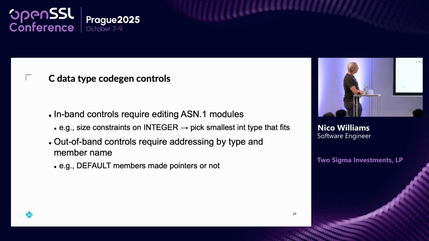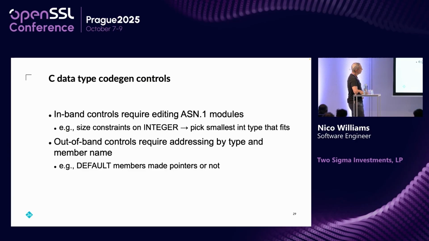Anyways, a little bit about code gen controls. In-band controls are tricky because that means modifying the modules, and you don't really want to do that. Heimdal lets you do things like put size constraints on integers, and then it will pick the smallest C int type that fits that, right? So that's a pretty simple kind of in-band control. The other ones I showed you some of them, like preserve binary.